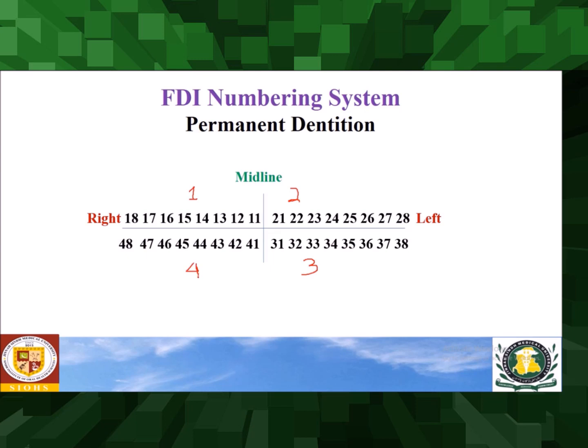The second digit indicates the tooth number 1, 2, 3, 4, 5, 6, 7, 8, and this is the same for all of the arches.